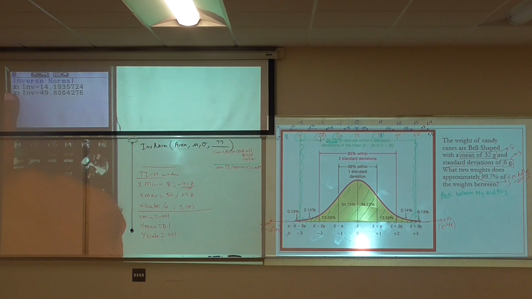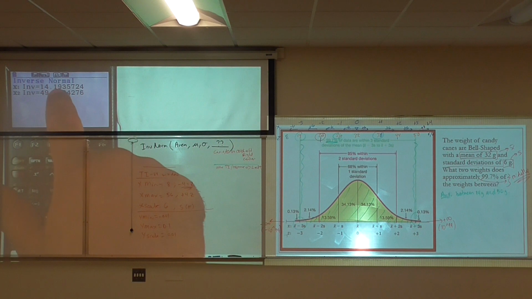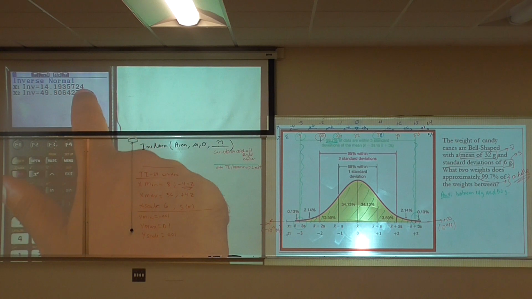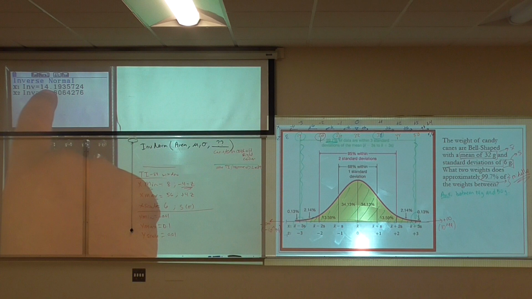Okay, and what it's saying here, the lower x for the inverse distribution is going to be 14.193572. If you round this off to the nearest candy, we're looking at 14, and it matches what we had in our table.